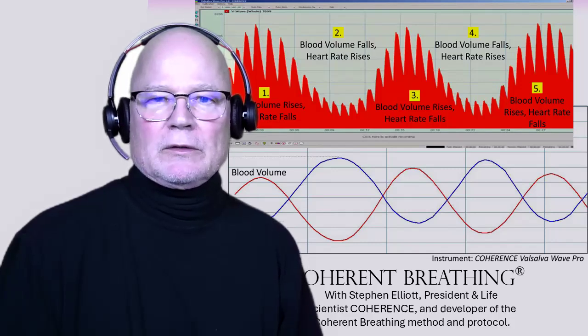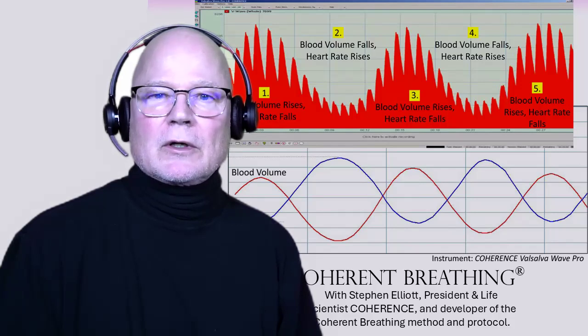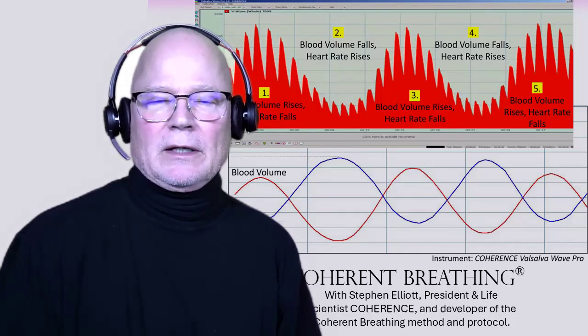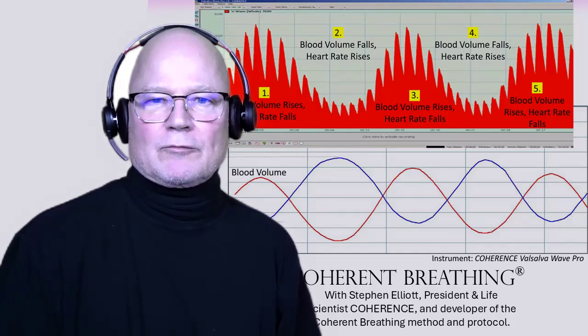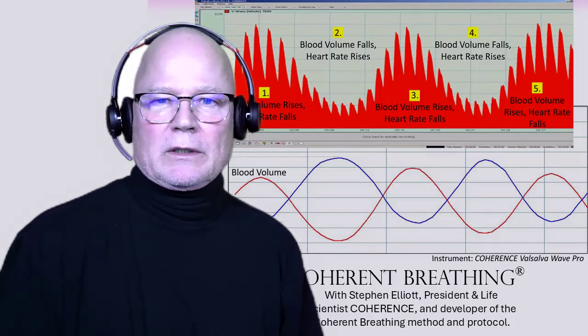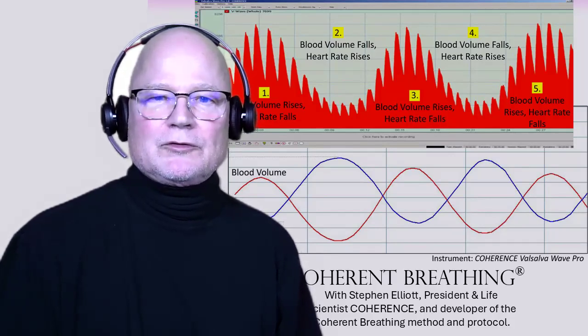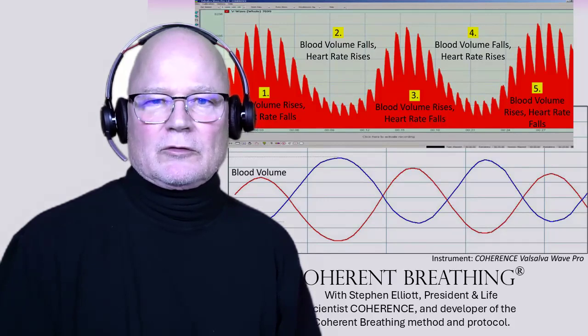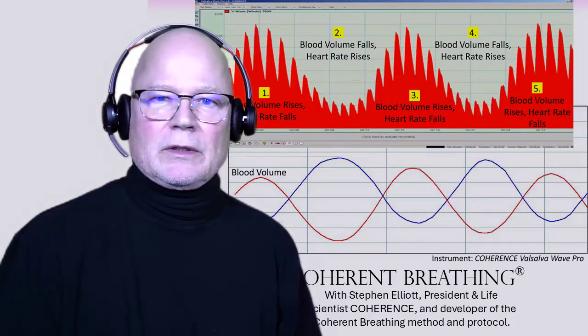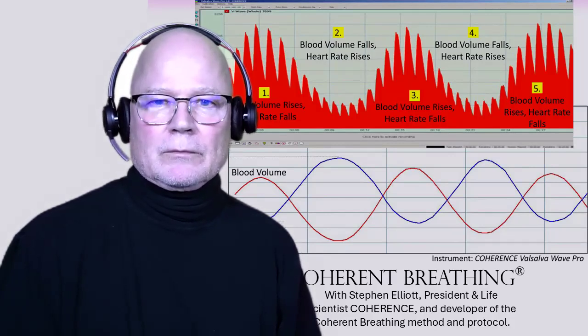This was put forward 25, 30 years ago now by Paul Lehrer and Evgeny Vashilov of Princeton University. So here we can see resonant breathing producing this alignment, specifically coherent breathing instrumented at the earlobe using the coherence instrument Valsalva Wave Pro.